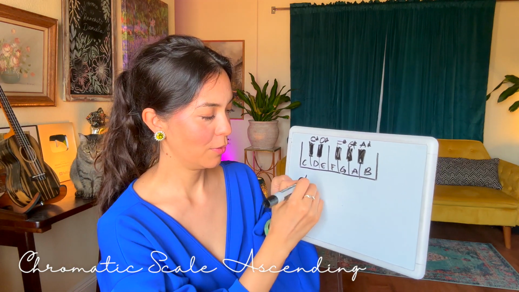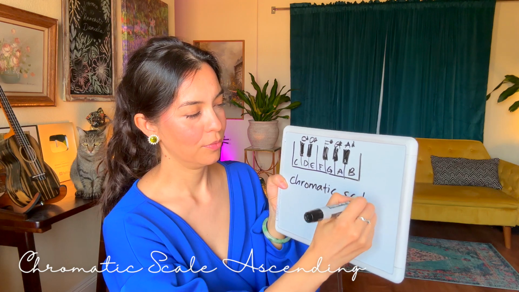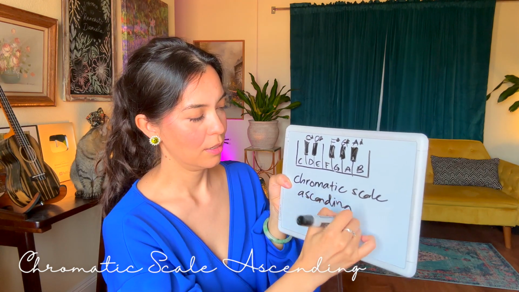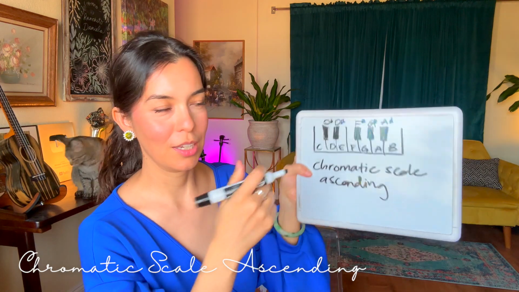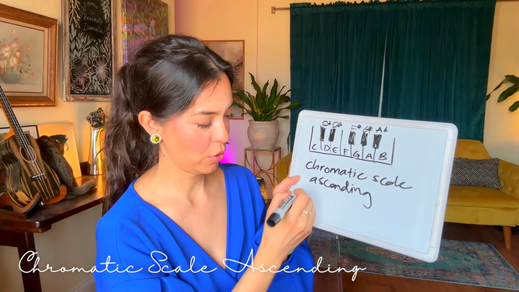From this, we wrote our chromatic scale ascending. So go ahead and write the words chromatic scale ascending. My writing's not very neat because I'm writing in the air. So our chromatic scale ascending is all of the notes in order.